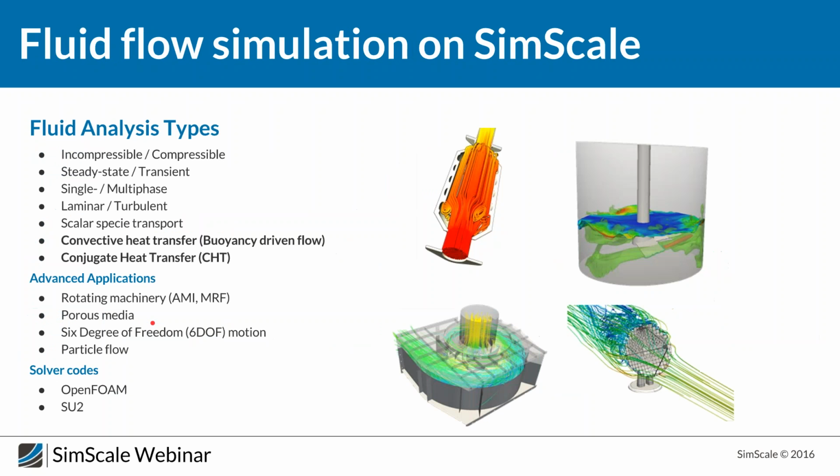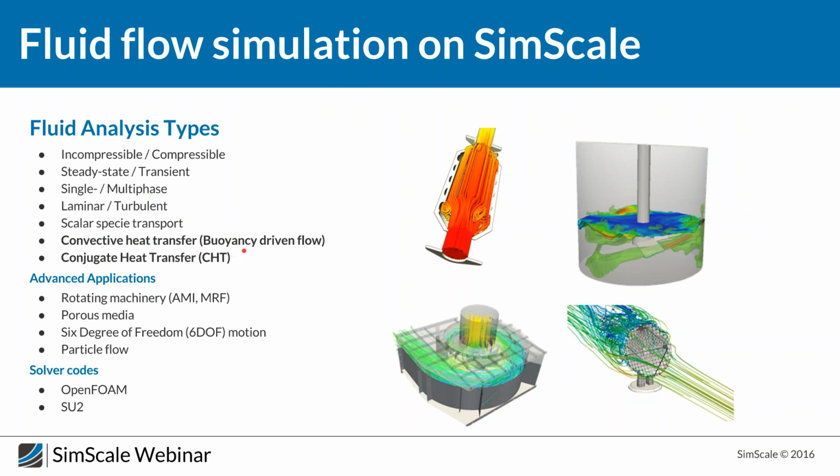Okay, so next I will discuss the types of simulation which SimScale offers. First we will go through the fluid flow simulation on SimScale. From the fluid analysis type, you can do incompressible, compressible, steady state, transient, single and multi-phase flow, laminar and turbulent, and scalar species transport. The ones highlighted here in bold are the ones of interest for this workshop, because they involve heat transfer.